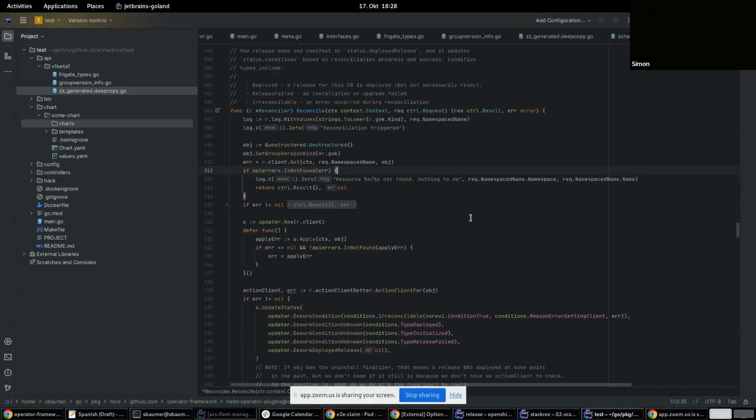I think the operator SDK itself provides you a generation function to achieve the same, that you can generate the operator using a Helm chart basically in the same way as you would use it with Flux.